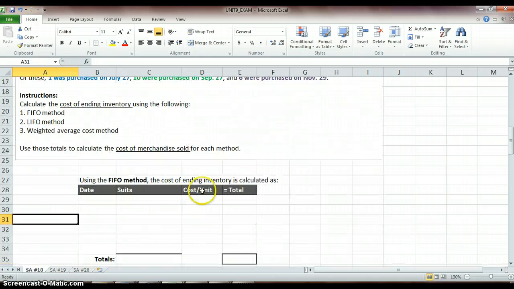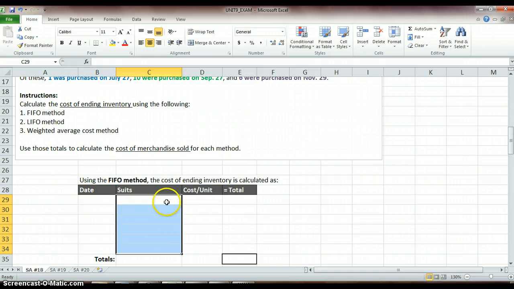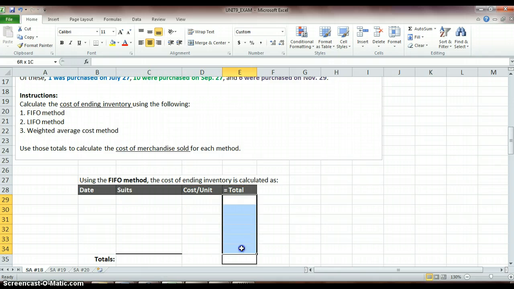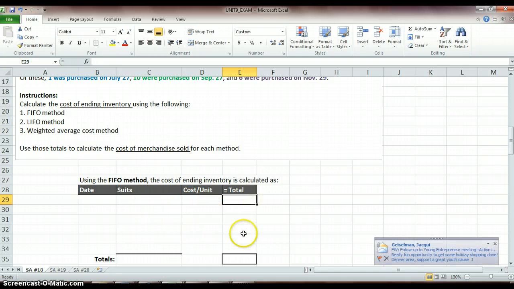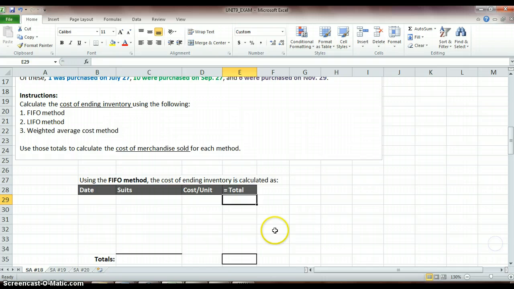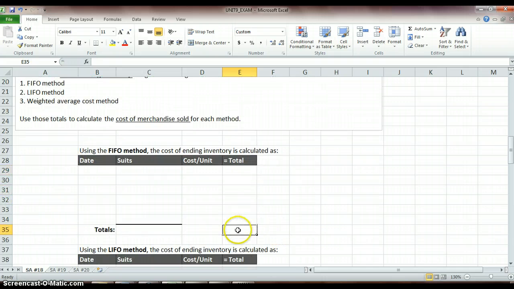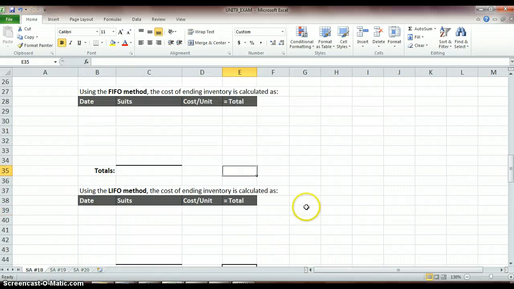You need to copy down the dates and the suits of the beginning inventory and our purchases, and what's going to be left of our beginning inventory needs to go here in this cell. And then the cost per unit, and the total for each is the suits times the cost per unit. That will be the total cost of ending inventory using the FIFO method.